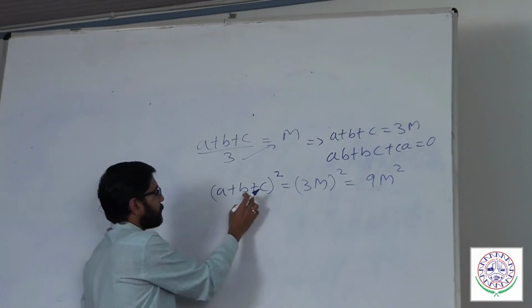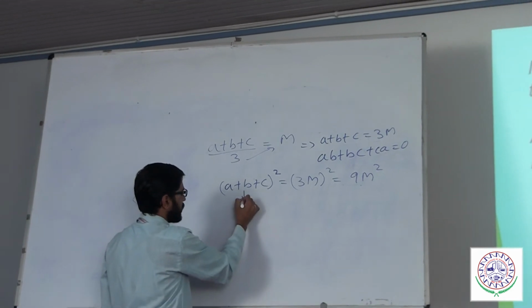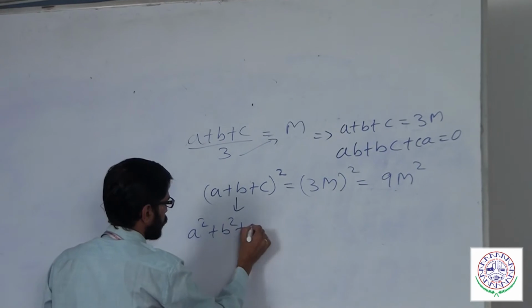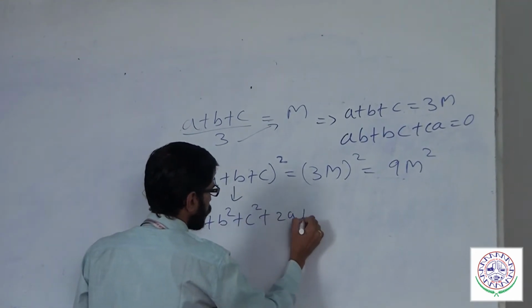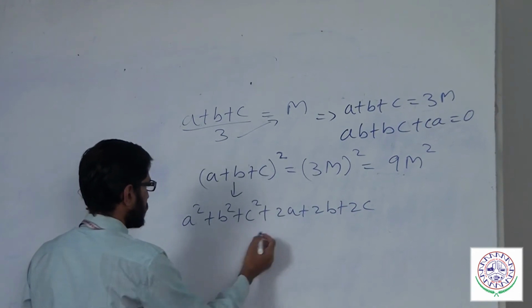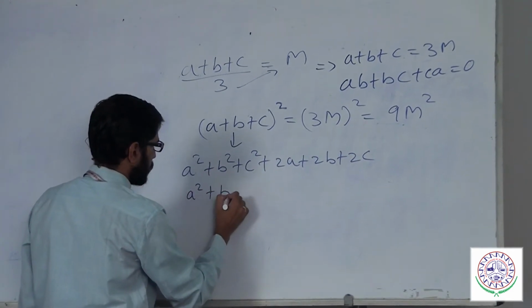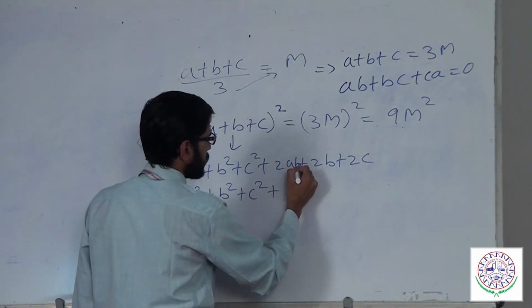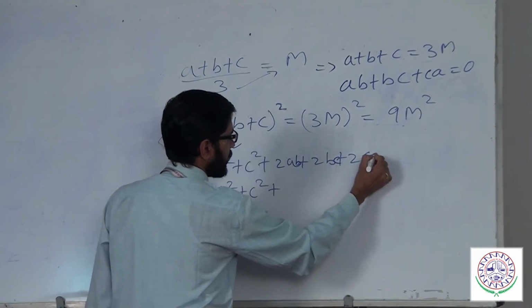Just try to expand A plus B plus C the whole square. This will be A square plus B square plus C square plus 2AB plus 2BC plus 2CA.